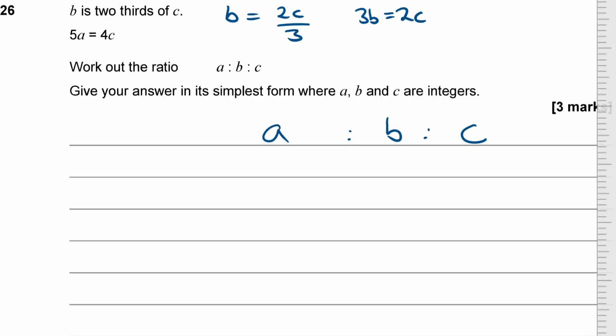Okay, so we've got two equations in B and C and A and C, and we want to write those as ratios. Now this is getting quite a common thing in exams, having to take an equation and rewrite it as a ratio between two things, and students do struggle a little bit with these.